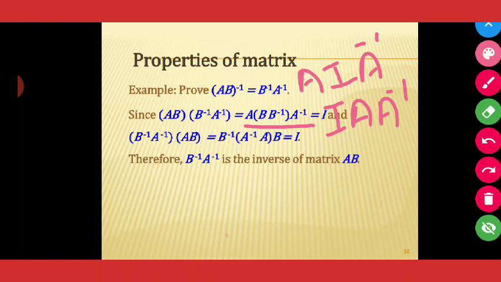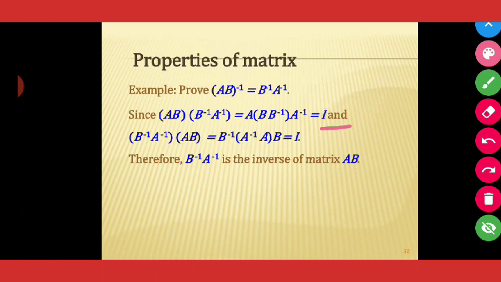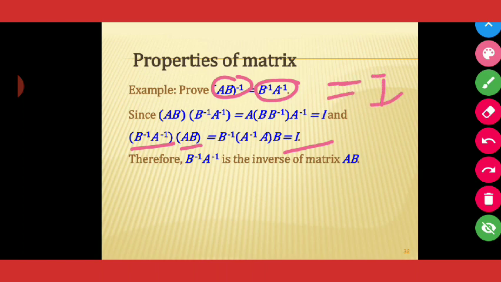Okay, and I A inverse equal to I, then I into I means I. Okay, thus you can write this value becomes I. Similarly, you can easily verify B inverse A inverse AB equal to I. Okay, what you saw, this into this equal to I. So B inverse A inverse is the inverse of AB.